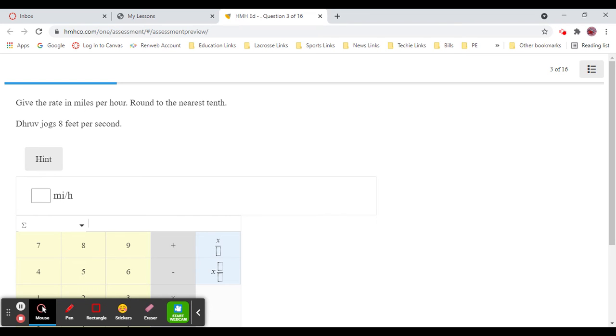Okay, give the rate in miles per hour again. Dhruv jogs 8 feet in 1 second. Okay, so 8 feet, 1 second. Again, I want to convert it to miles in an hour. So let's see, I'm going to convert it to an hour.